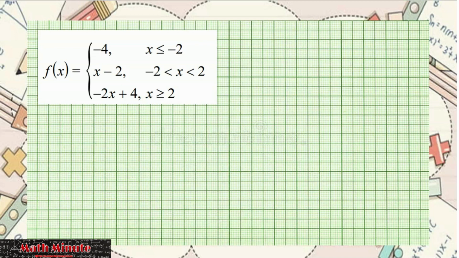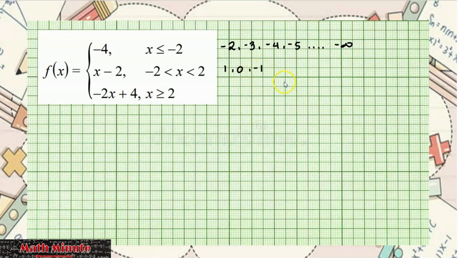When we say x is less than or equal to negative 2, negative 2 is included here. So we have negative 2 included, then less than negative 2, that would be negative 3, negative 4, negative 5, and so on and so forth until you reach negative infinity. When we say in between negative 2 and positive 2, that would be positive 1, 0, and negative 1.